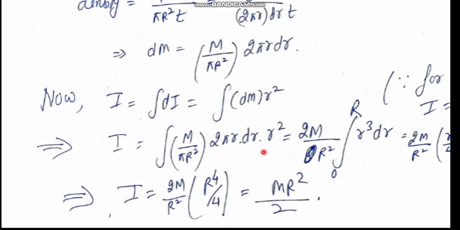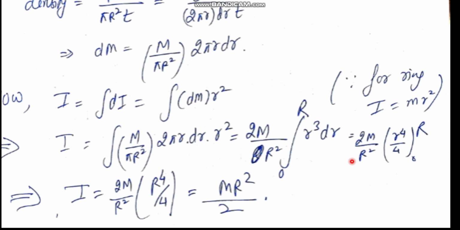We will be left with the integration of r cube dr, and the range will be 0 to R, because the final radius of the whole disk is capital R. So the circles which I drew will have radii ranging from 0 to capital R. So 2M by R square is common. Now the integration of r cube dr will be r raised to the power 4 divided by 4. That is a very simple formula.